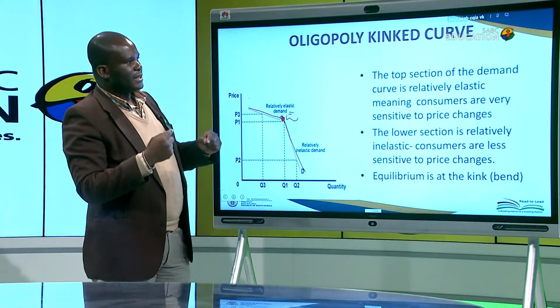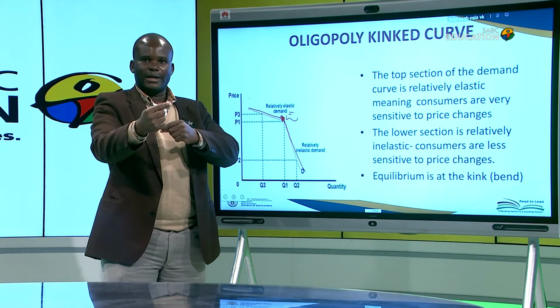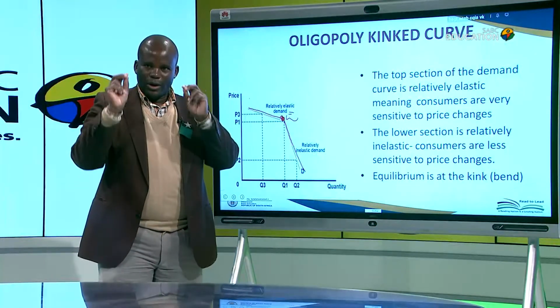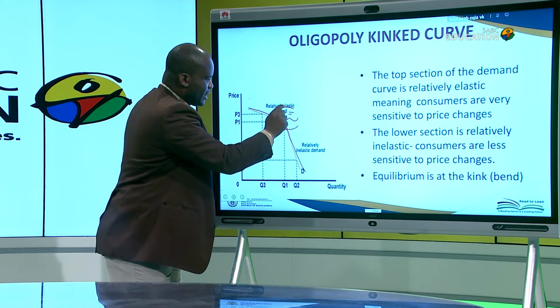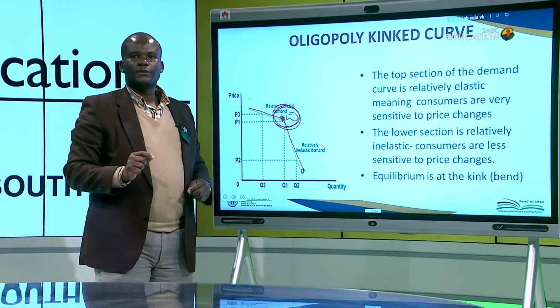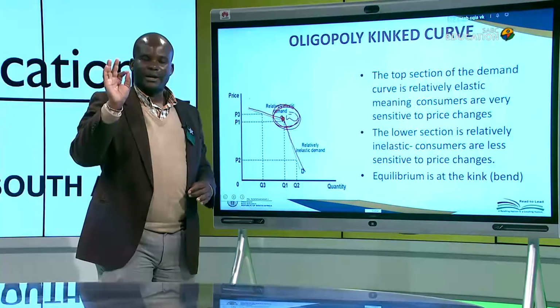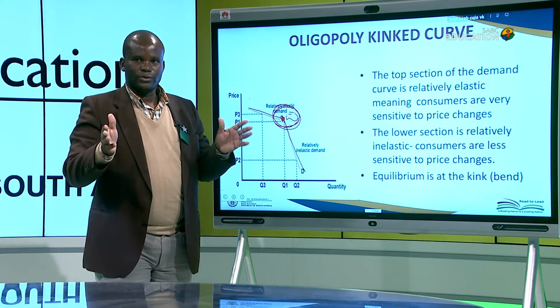And I understand with other market structures, you were talking of equilibrium where MR equals MC. With oligopoly, our equilibrium is always at the kink, where those two slopes of the demand curve meet. That's where decision making is going to be done.